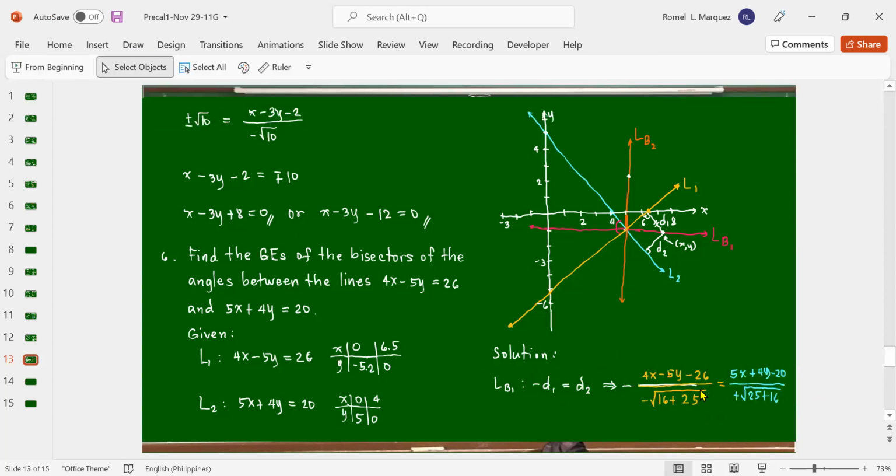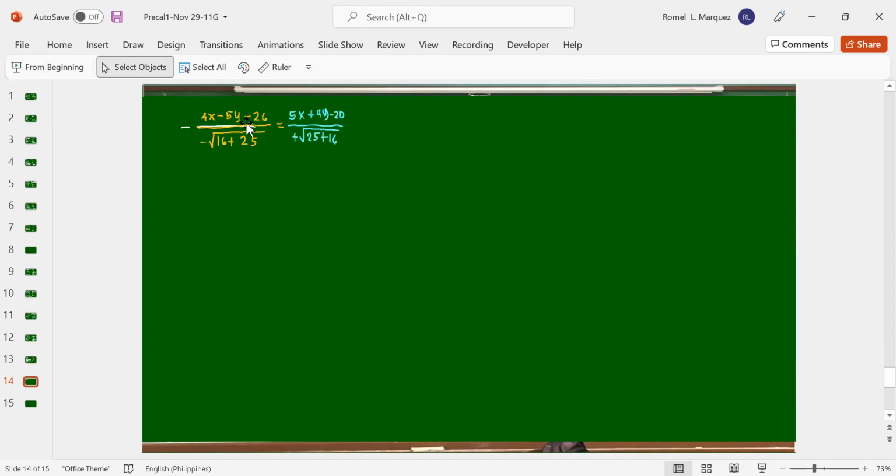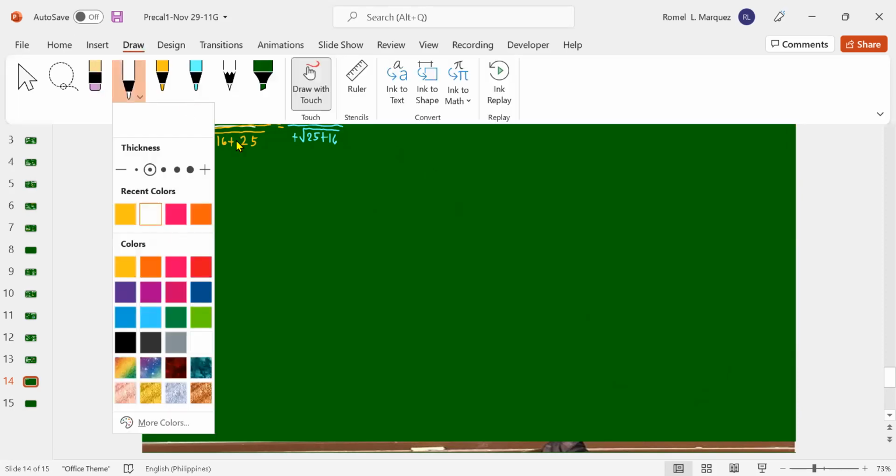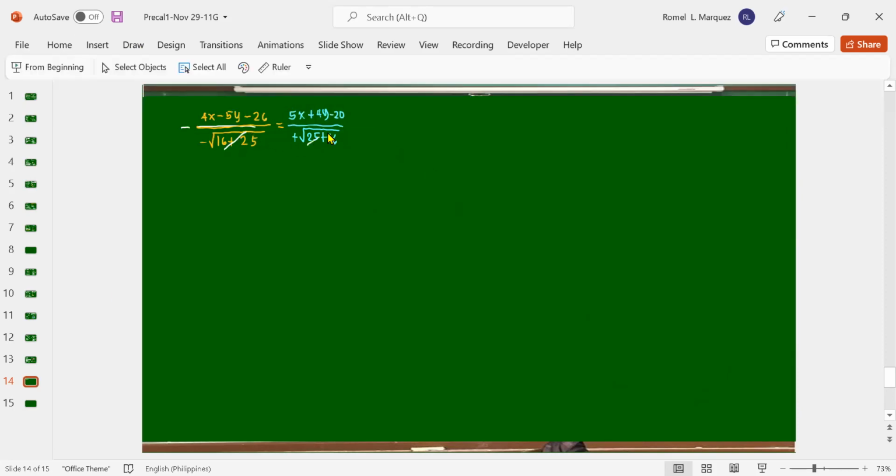So let's simplify this equation. We have negative, negative, positive, and we can cancel this out. So getting 4x minus 5y minus 26 because negative, negative, positive. So we just copy the numerator.